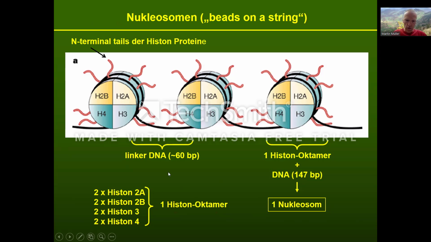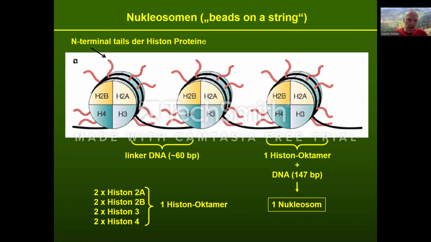This is a histone octamer, and each histone octamer is made up of two histones 2A, two histones 2B, two histones 3, two histones 4. The DNA winds around these octamers and makes up what people called in the old days, when they did electron microscopy, beads on a string.